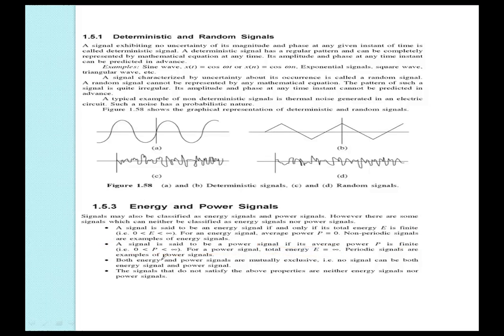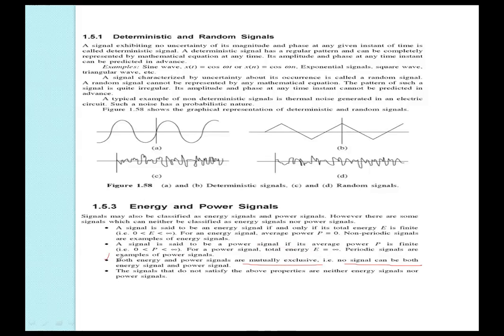And the third one: energy and power signals are mutually exclusive. That is, no signal can be both an energy signal and a power signal. This is a very, very important point. If it is an energy signal, it is not a power signal. If it is a power signal, it is not an energy signal.